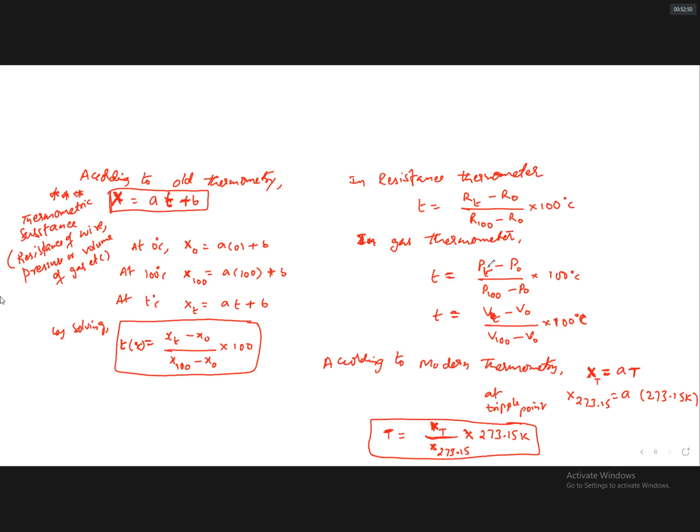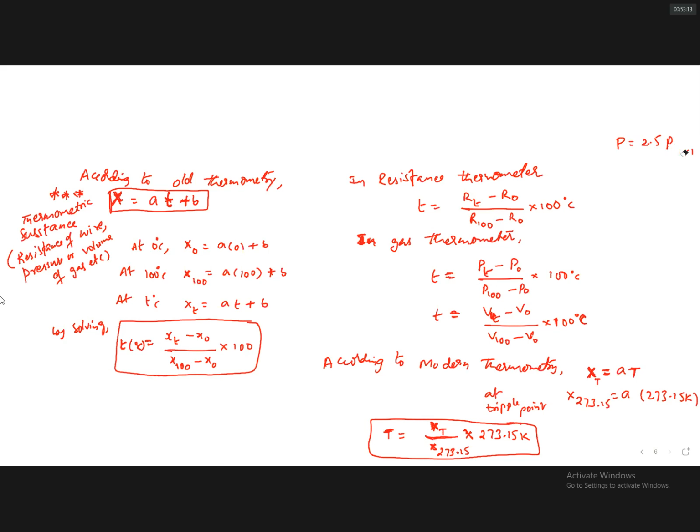At some other temperature we need to calculate at what temperature the pressure becomes 2 times the pressure at the triple point, like that they give. Suppose the pressure of the gas is given as 2.5 times the pressure at the triple point.